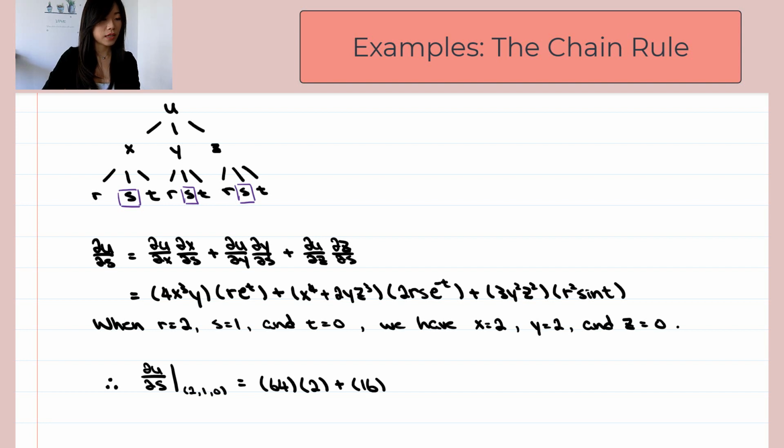Then times 2 times 2 times 1, then times e to the power of negative 0, that is 4. And the last term, since z is 0, then times 2 squared times sine of 0, that is also 0. So the partial derivative of u with respect to s evaluated at 2, 1, and 0 equals 192.